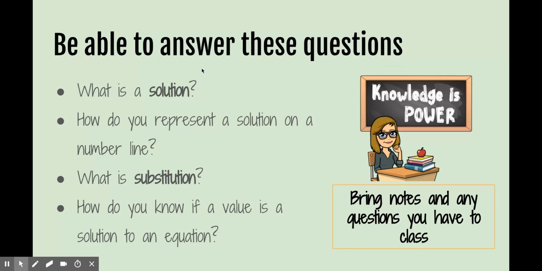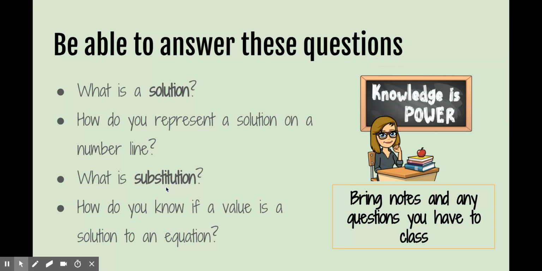So you need to know what a solution is. You need to know how you represent a solution on a number line. Basically, just put a dot on the number. You need to know what substitution is as it relates to math. So it's basically just replacing a variable with a value. And then you also need to know how you know if a value is a solution to an equation.